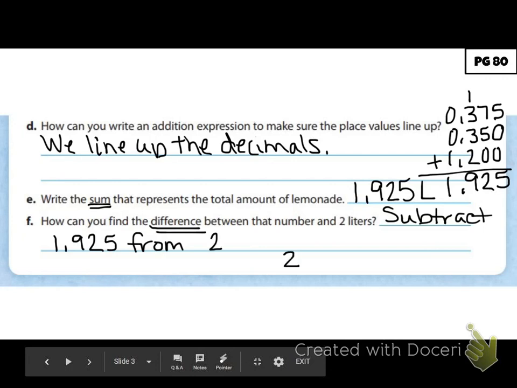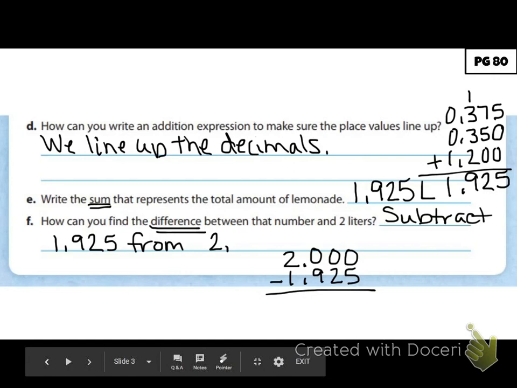So if I line these up, 2 is a whole number. The decimal would go behind the 2. And then I would line up my decimal, so 1 and 925 thousandths. And just like up above, I need to fill in my places so that they have the same amount of decimal places. So in this case, that means 3 zeros.